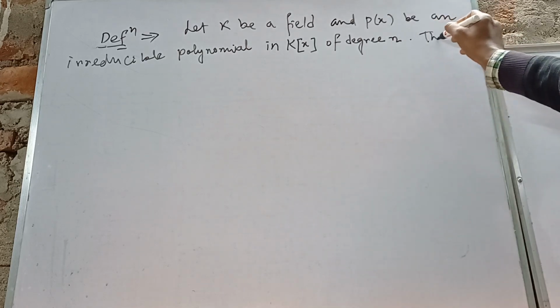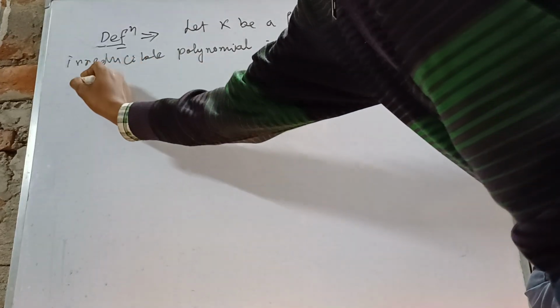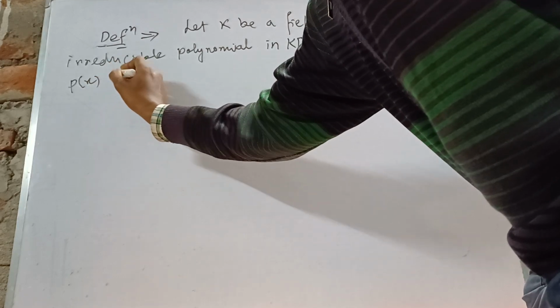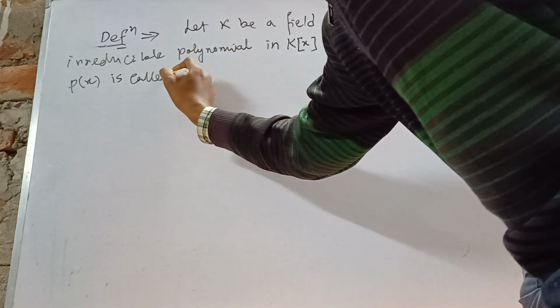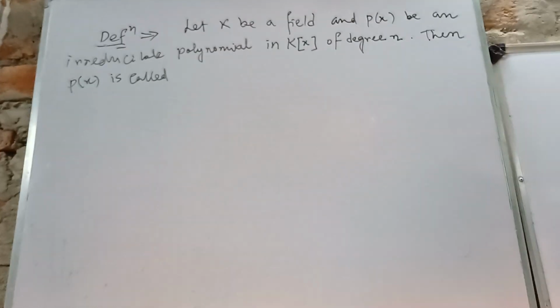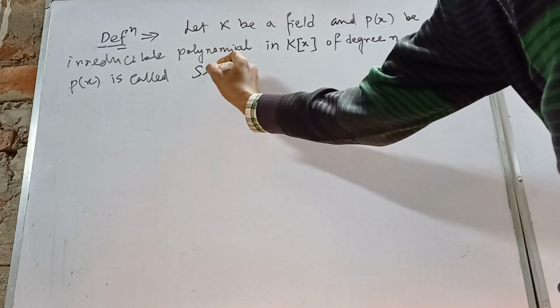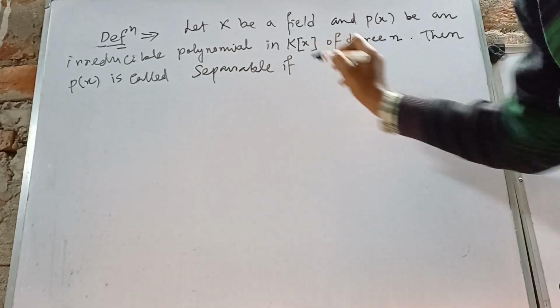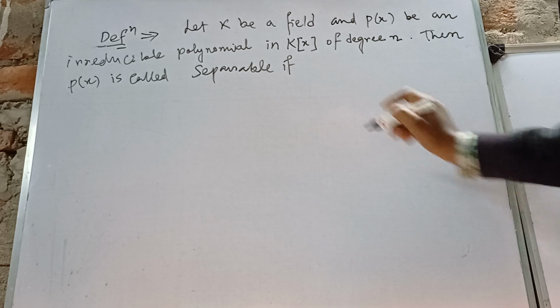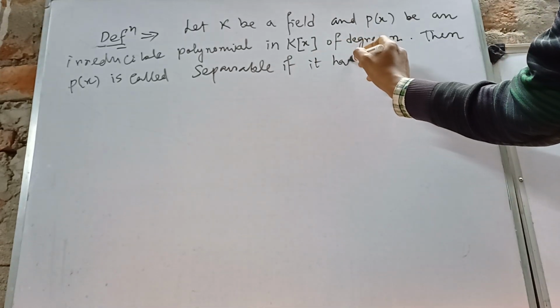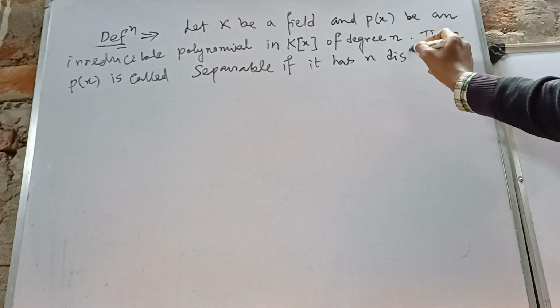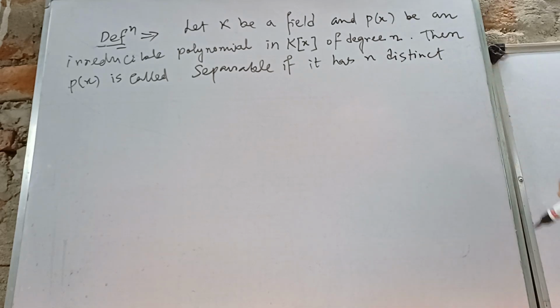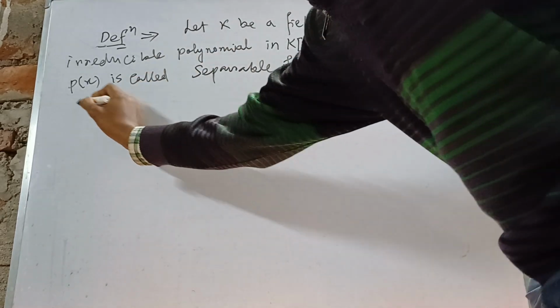Then p(x) is called separable if it has n distinct roots in a splitting field.